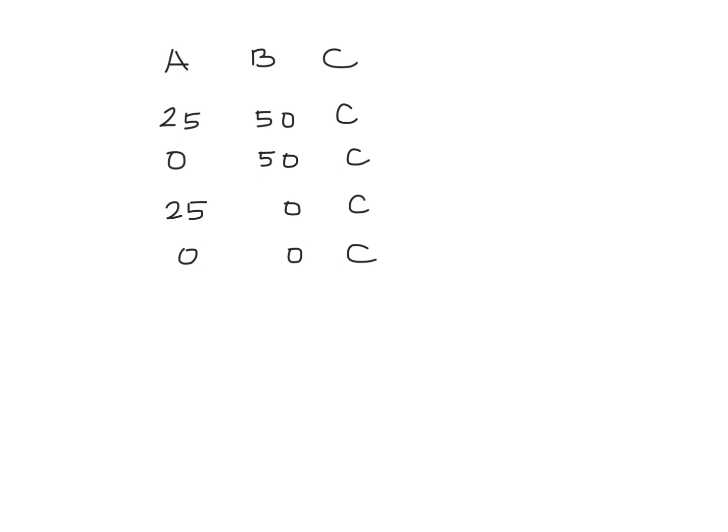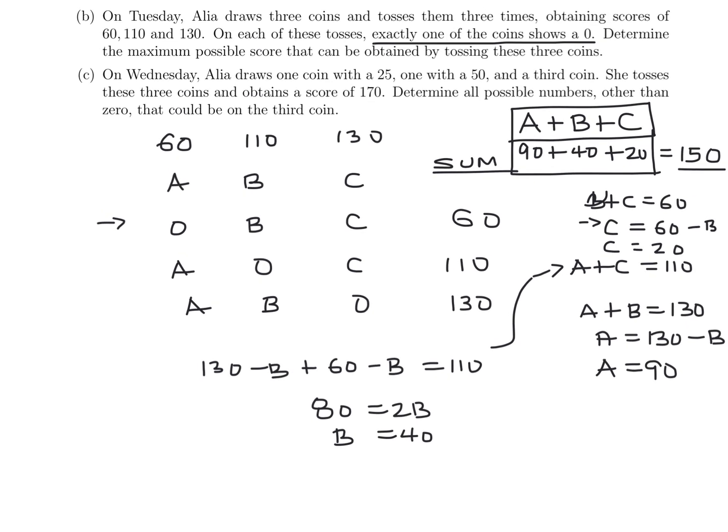So if you go back to the question, they tell me that she tosses the 3 coins and obtains a score of 170. So that basically means that's going to happen when all 3 show the actual number, not 0, because one has 25, one has 50.